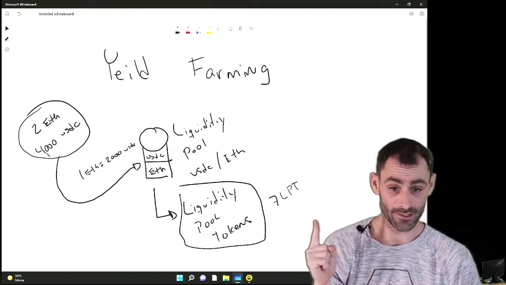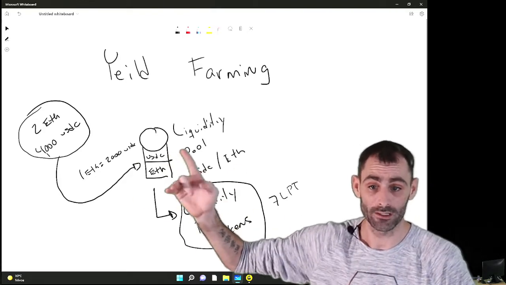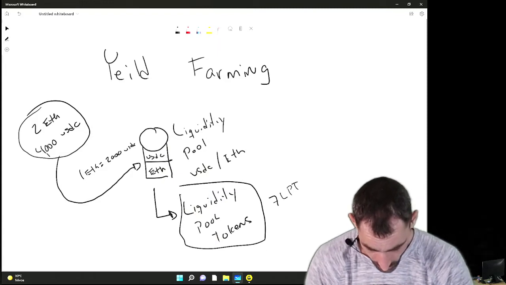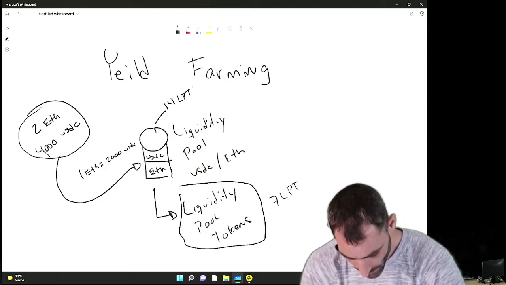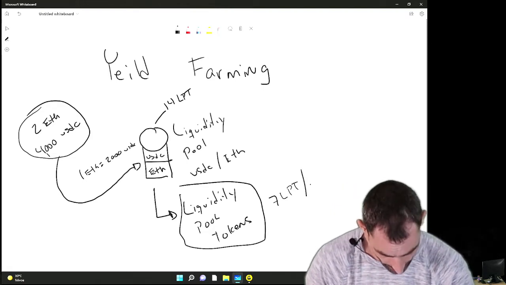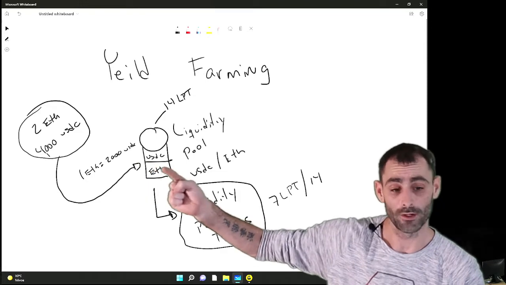All right, based on what? It's based on my 7 tokens and how many tokens there are in there. So if there are 14 LP tokens completely issued, I'm going to get 7 out of 14, so I'm going to get 50% of whatever is in this pool.